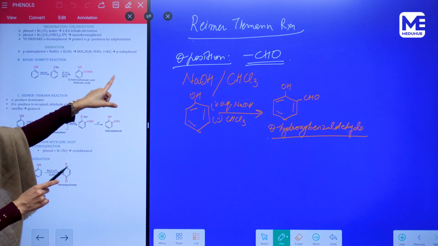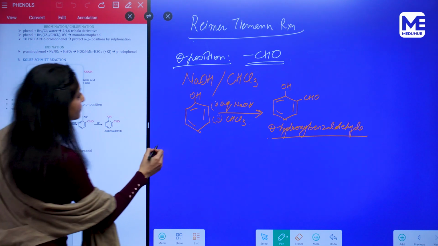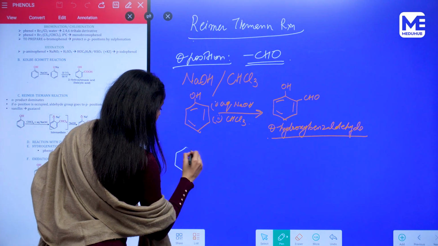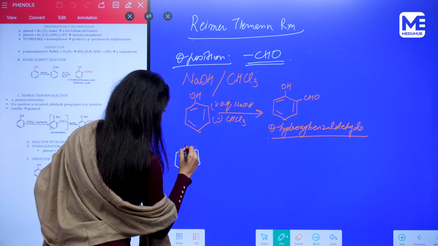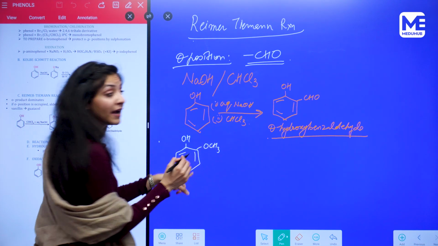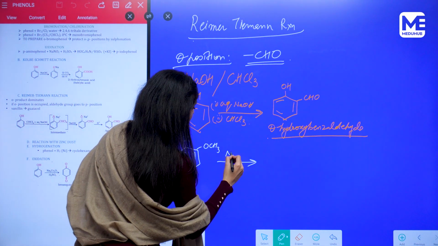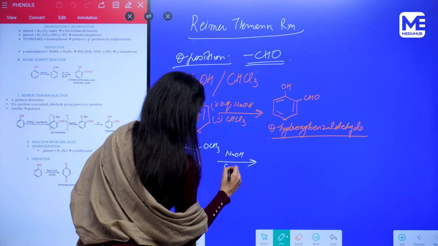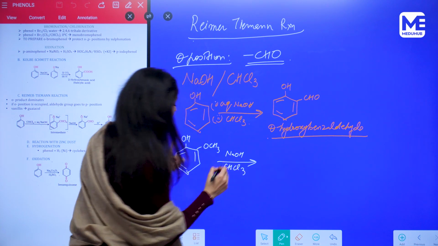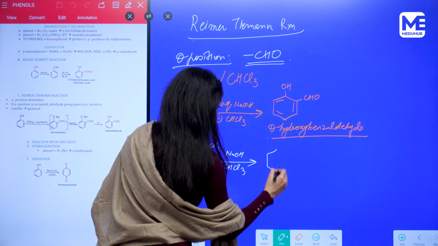But what if the ortho position is occupied? So we take the case of vanillin, where the ortho position is occupied. Vanillin, when it undergoes Reimer-Tiemann reaction, we can write NaOH and CHCl3. The benzaldehyde group comes to the para position.